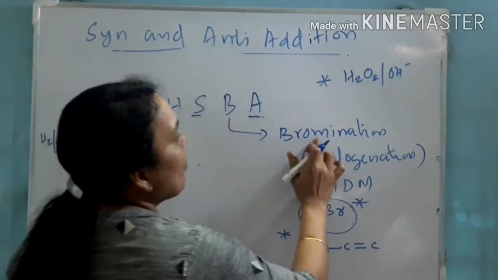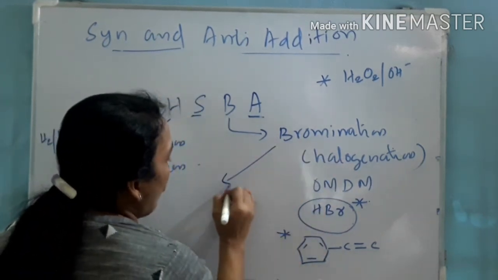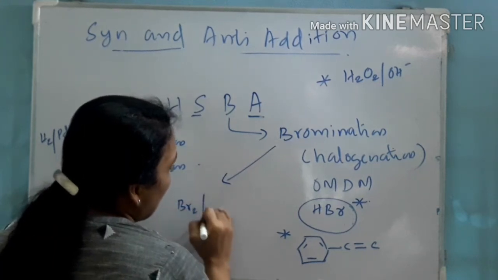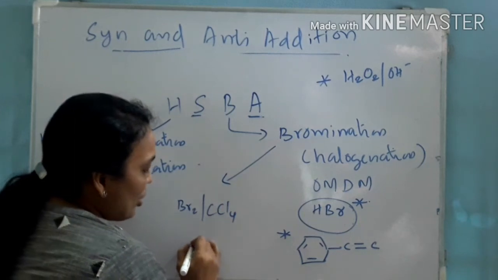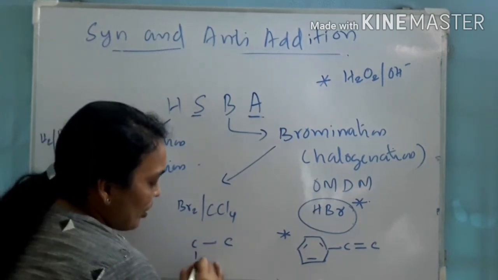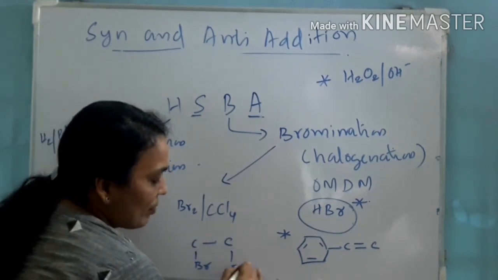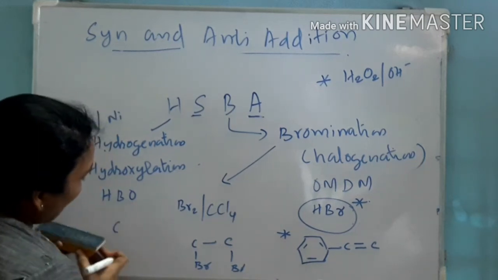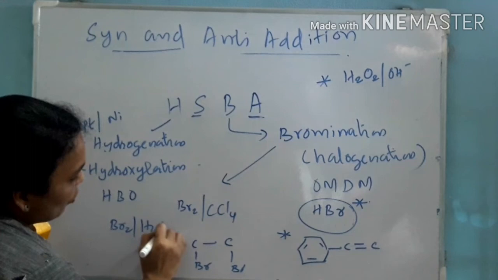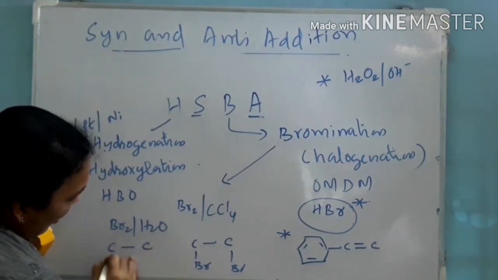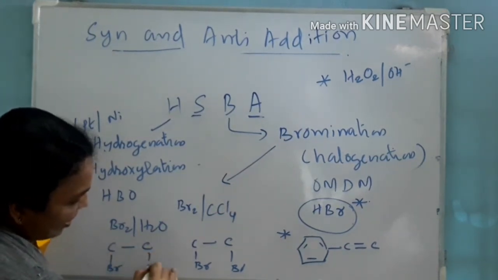Okay. Similarly, bromine in CCl4, what will be the product? Br2 is added across the double bond. But bromine in H2O, what will be the major product? Here Br and here it is OH.